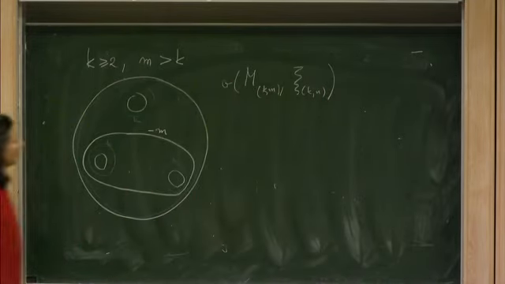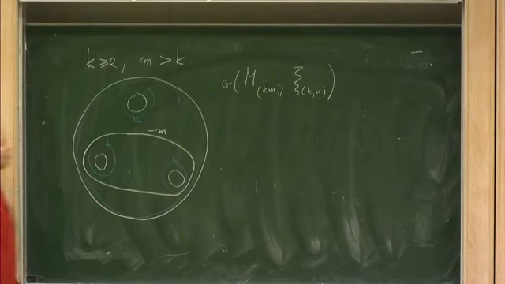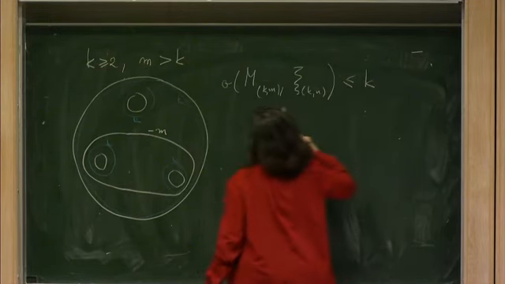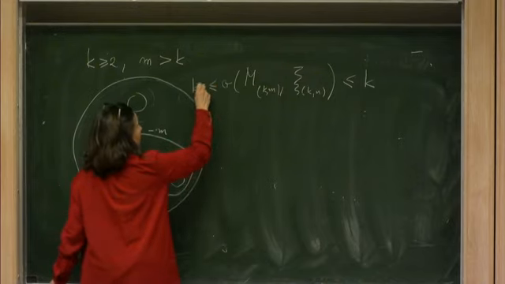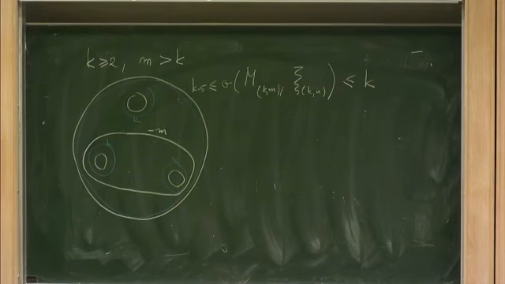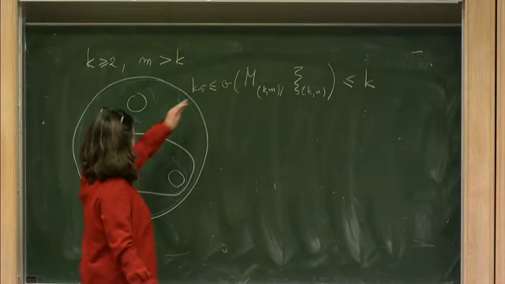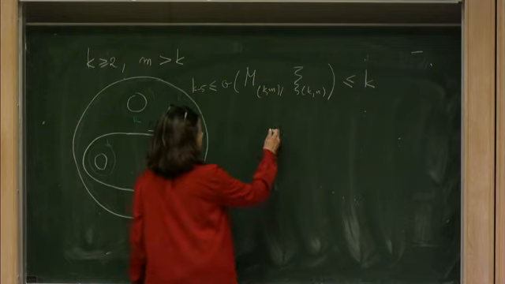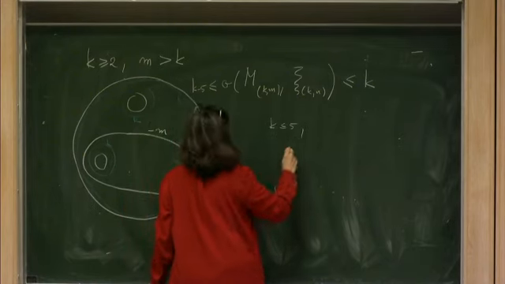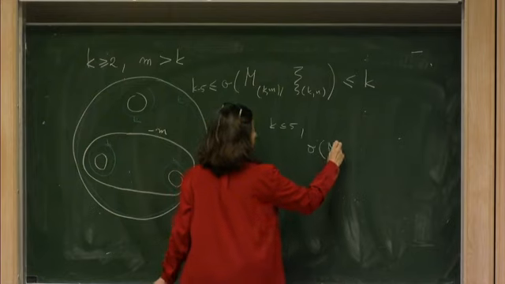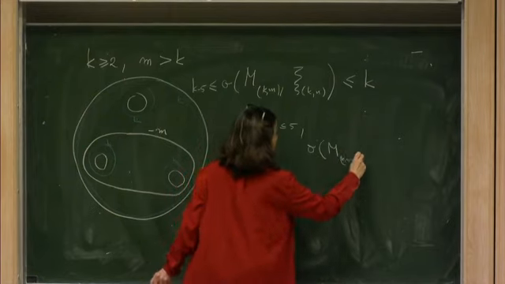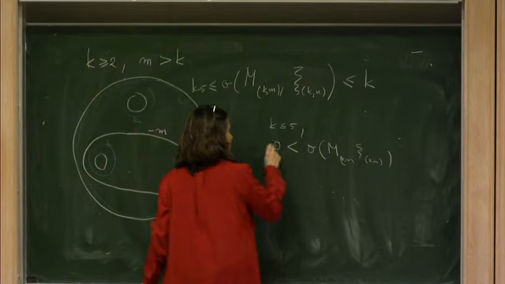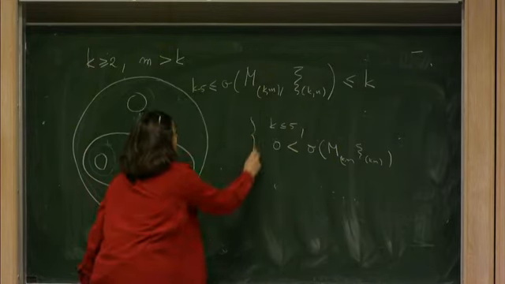We can give bounds to this O. We know that O has to be less than or equal to k and bigger than or equal to k minus 5. When k is bigger than 6, this gives us a lower bound away from 0. And when k is less than or equal to 5, we still have that O of M_{k,m}, psi_{k,m} is bigger than 0.